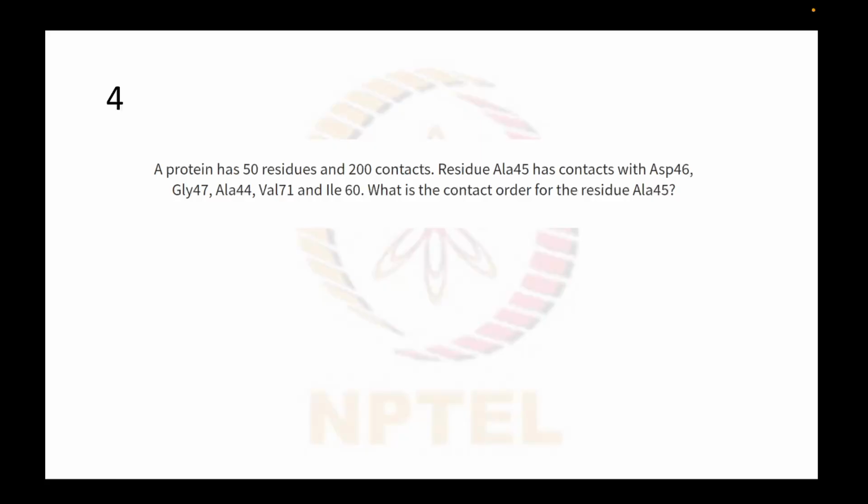So next I have the fourth question. This is regarding the contact order. A protein has 50 residues and 200 contacts. Residue alanine 45 has contacts with residues 46, 47, 44, 71 and 60. So what is the contact order of the residue 45?